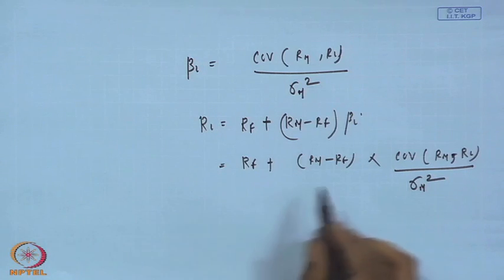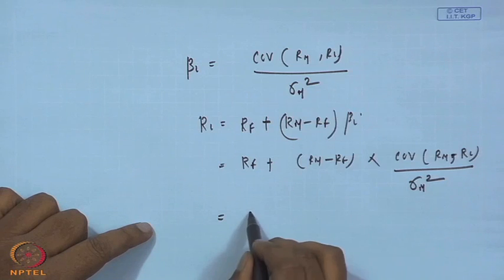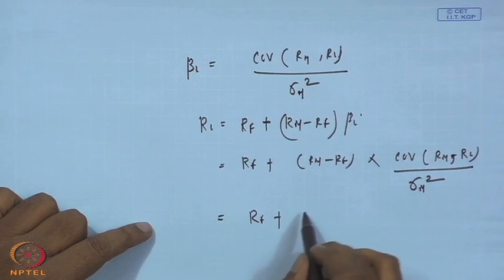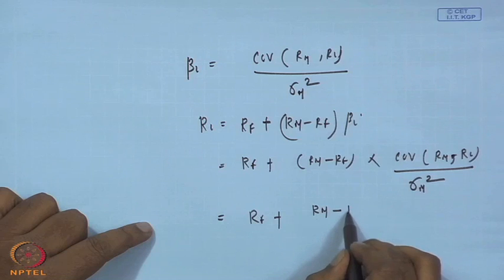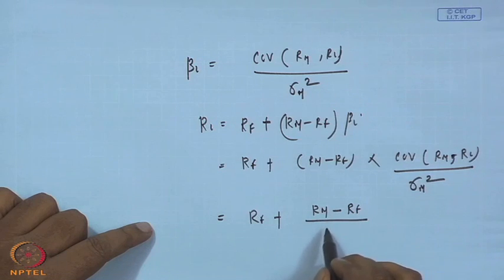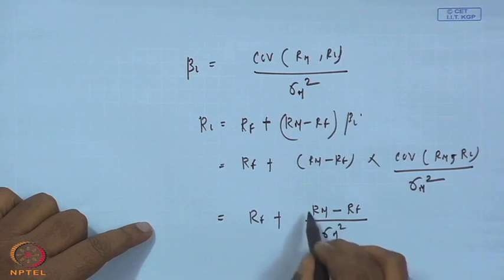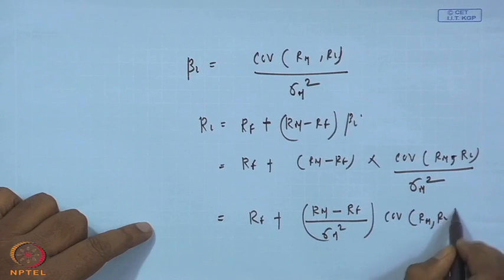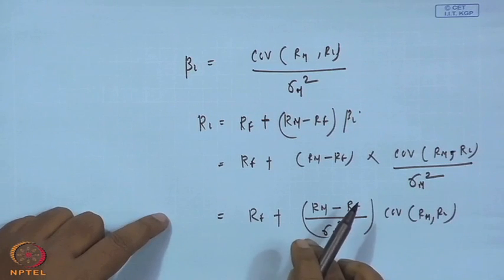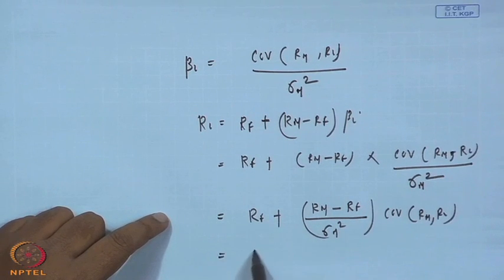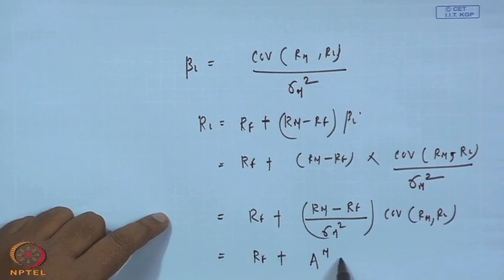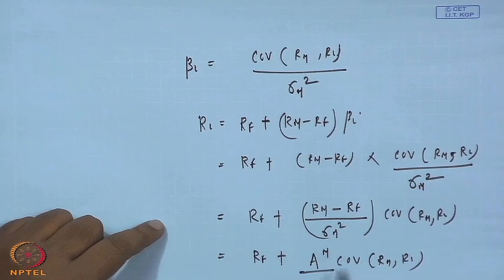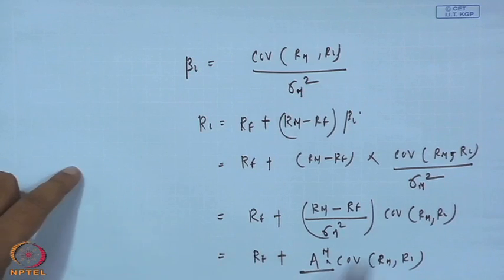So, going further, I can mention here Rf and Rm, the risk premium, and the covariance of Rm and Ri. I just readjust the equation, and I can write the risk-free interest rate plus a separate variable, Am, times the covariance of Rm and Ri, where Am is this part.